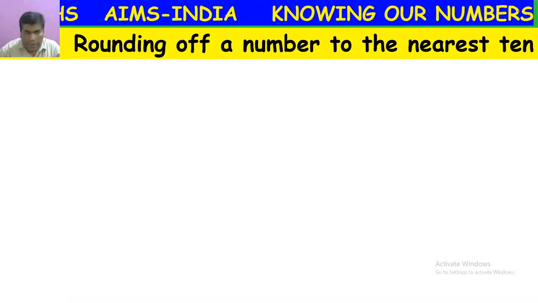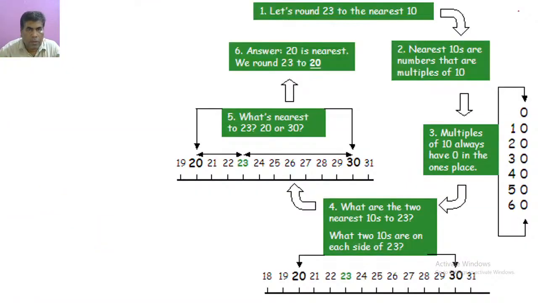Let's see another example. Here also the nearest 10. Let's see this chart. Observe carefully. Let's round 23. What is the given number here? 23. Let's round 23 to the nearest 10. What is the nearest 10? The nearest 10 means the numbers that are multiples of 10.